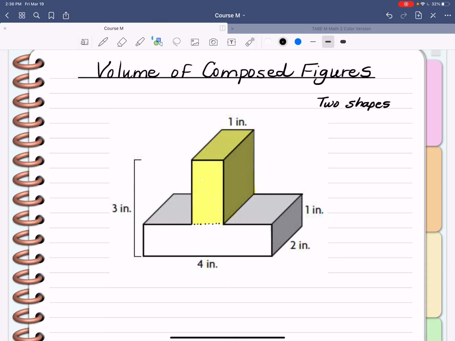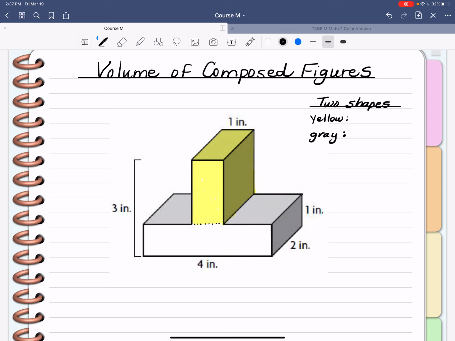We have the top box, which I've colored the yellow box. Top and bottom, you could say, or yellow and gray. So I need to find the volume of both of these, and then I would be able to tell you what the dimensions would be.